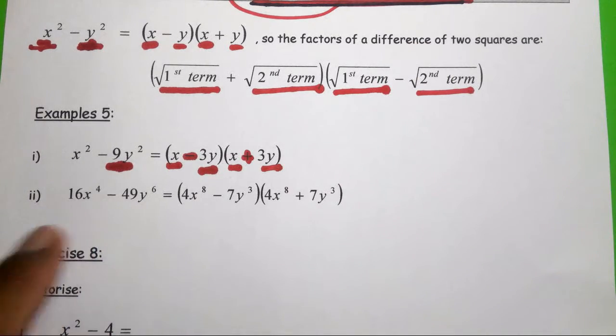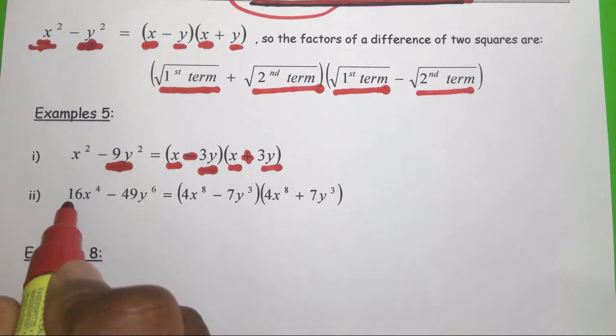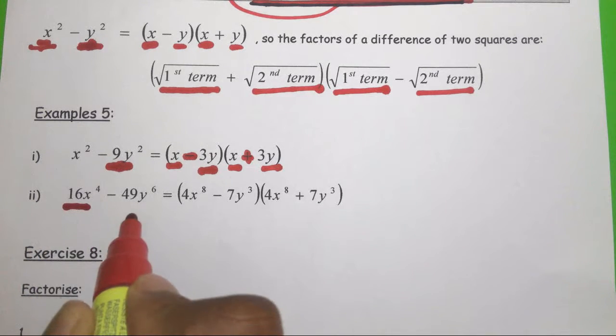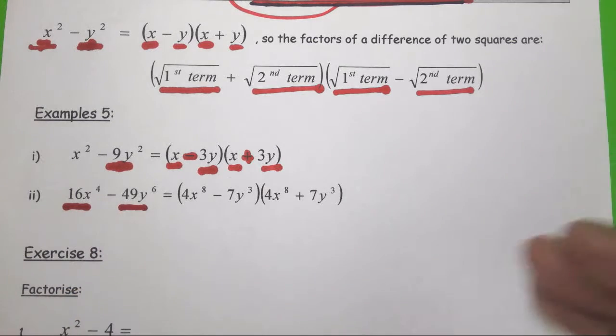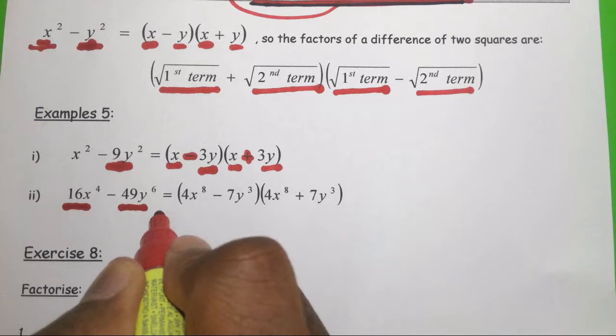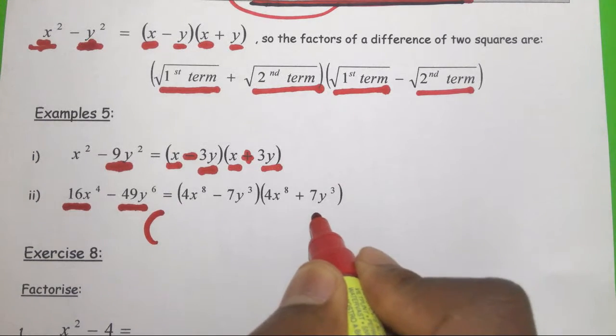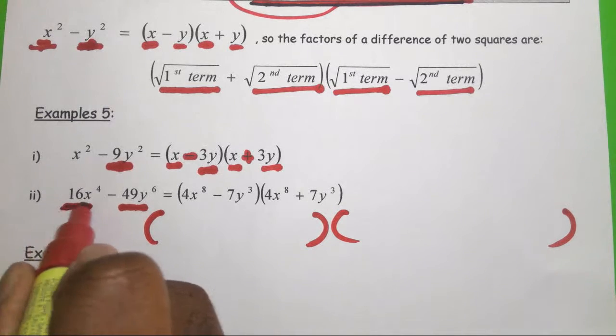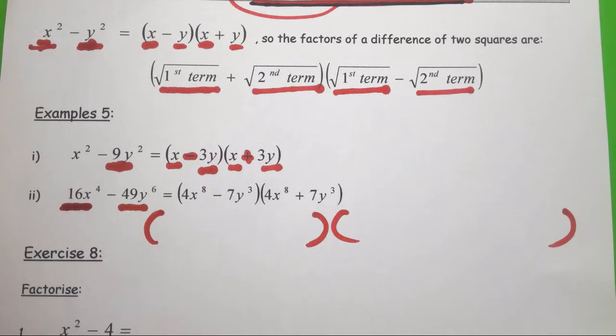Second one, let's look at this. So I have 16x to the 4 minus 49y to the 6. Let me rewrite this actually, in brackets. What is the square root of 16x to the 4?